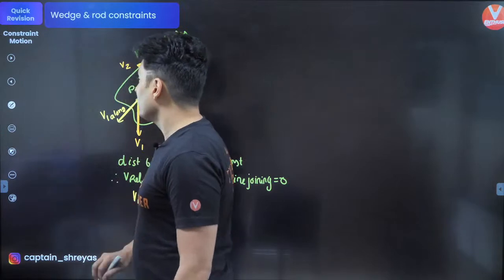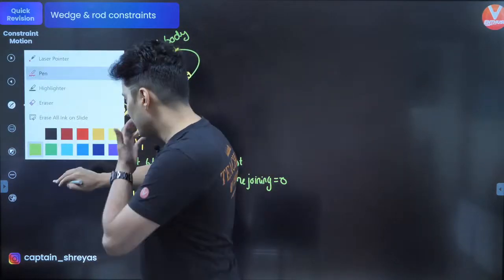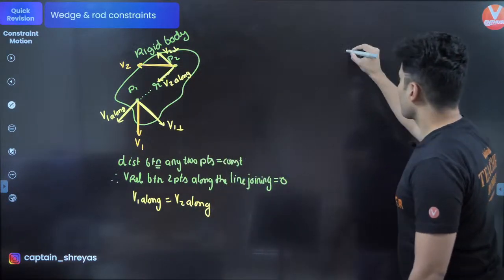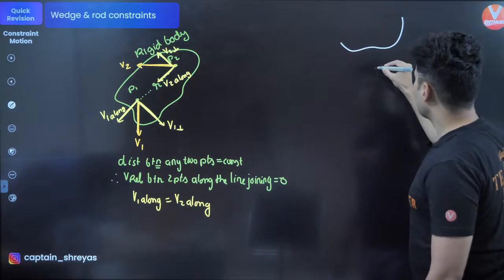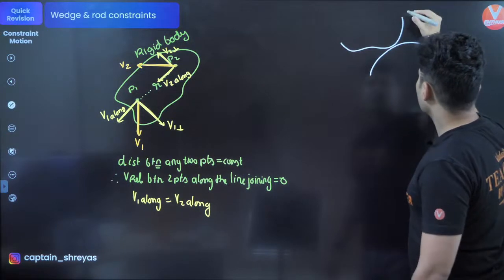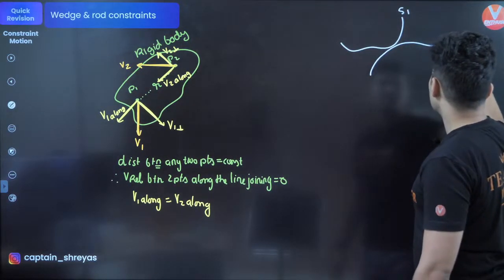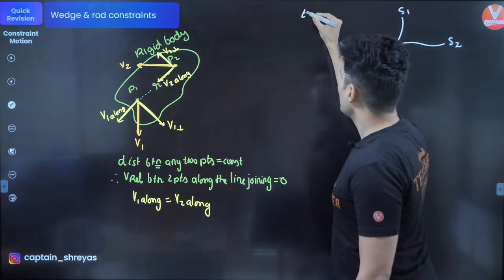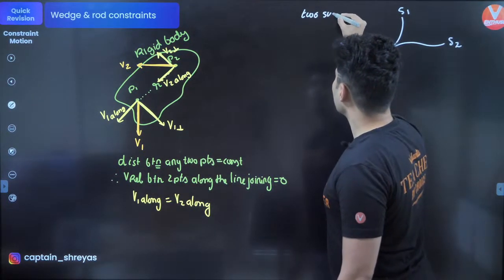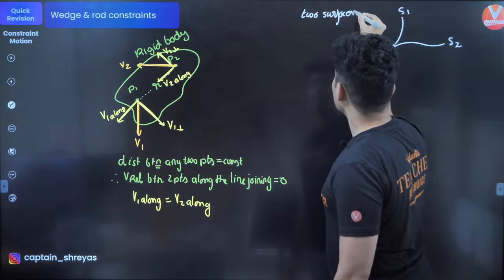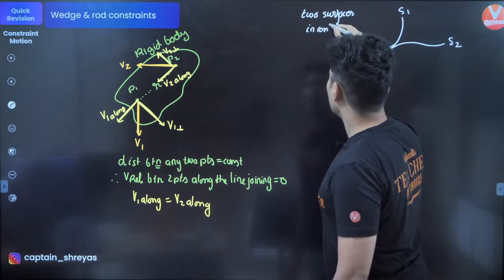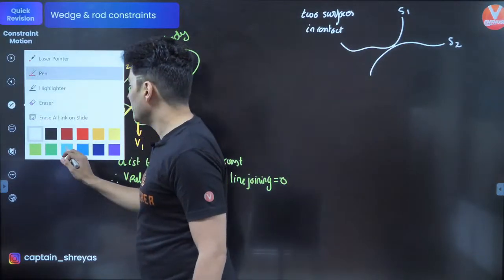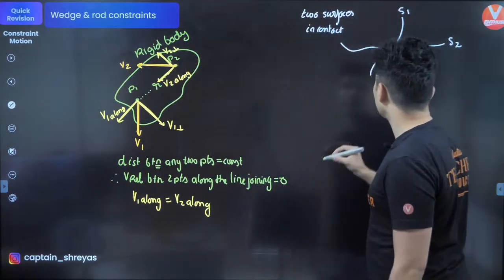The next important thing which you should remember is for wedge related problems. So if you have two surfaces in contact, this is surface 1, this is surface 2, what you should do is look at the velocity at the point of contact.